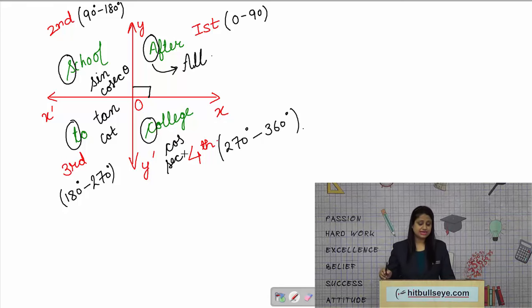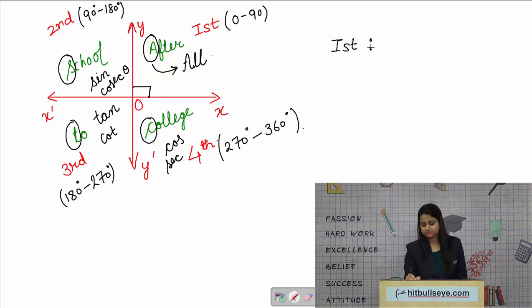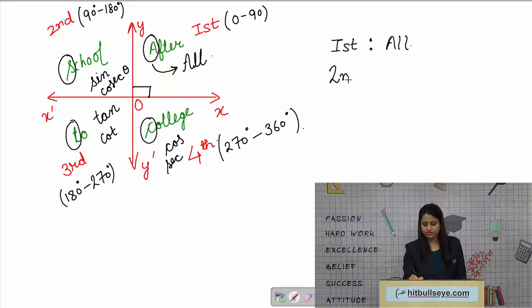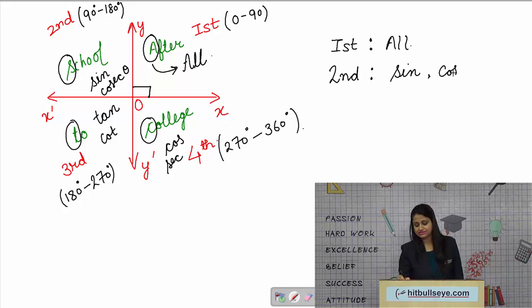So in the first quadrant, all the T ratios are positive. All T ratios means sine, cos, tan and their reciprocals. In the second quadrant, only sine and its reciprocal, that is cosecant, are positive. In the third quadrant, tan and cot are positive.